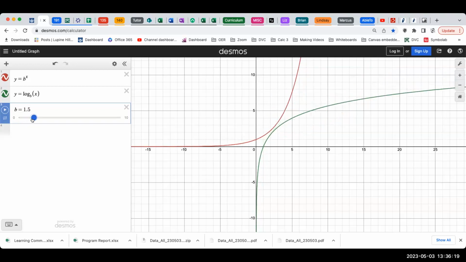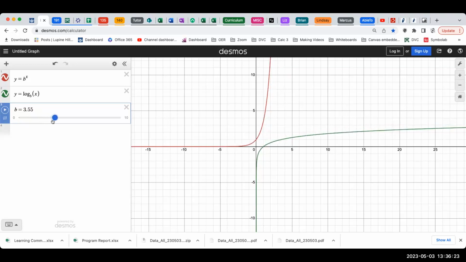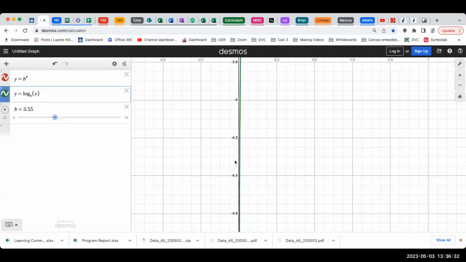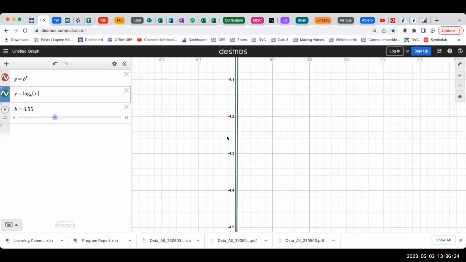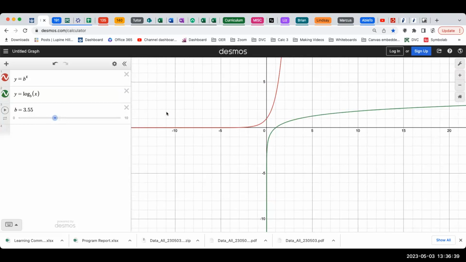Okay, 1.5. Notice these graphs, the log graph, you can't plug in 0, it's never going to be 0. X will never be 0, see? So it's going to be a little away from the y-axis. And it's never negative because of the whole domain and range restriction of exponential functions.